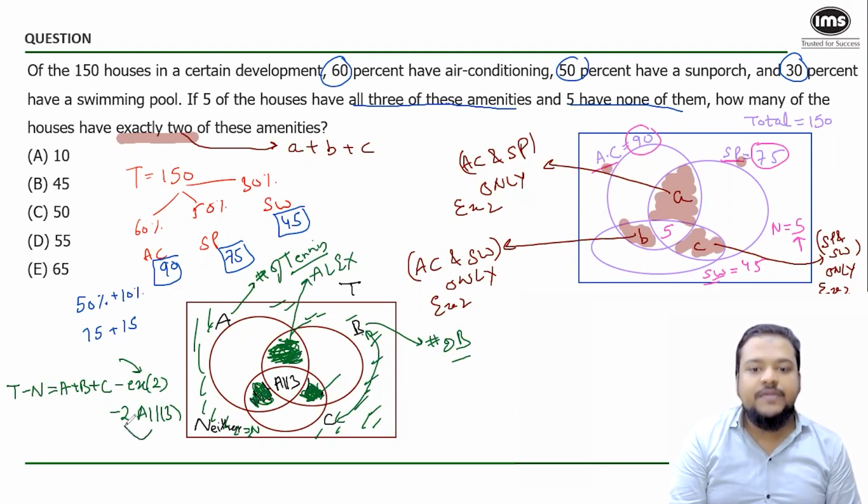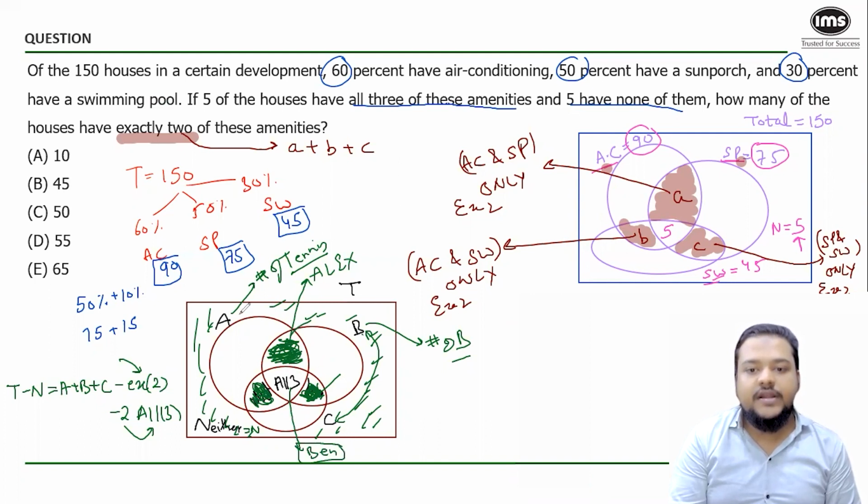Now why are we subtracting all three twice? Try to understand this. When I added A plus B plus C, let's say there's a person, his name is Ben, and Ben is situated in all three.